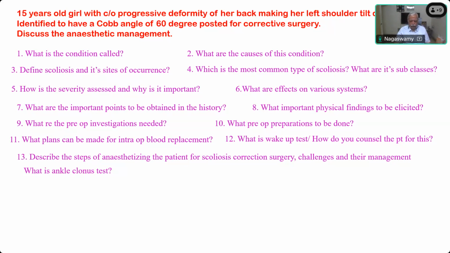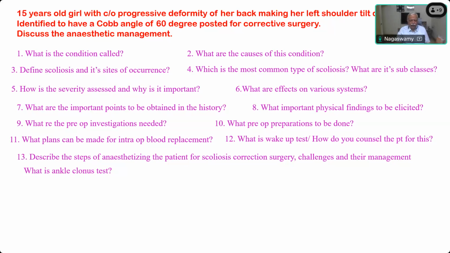But if the surgeon says they want to do neuromonitoring, SSEP and MEP, is giving atracurium and intubating the patient okay? No, sir. Why? The monitoring will take some time, sir. Since we are giving an intermediate acting drug, by that time it will be gone.